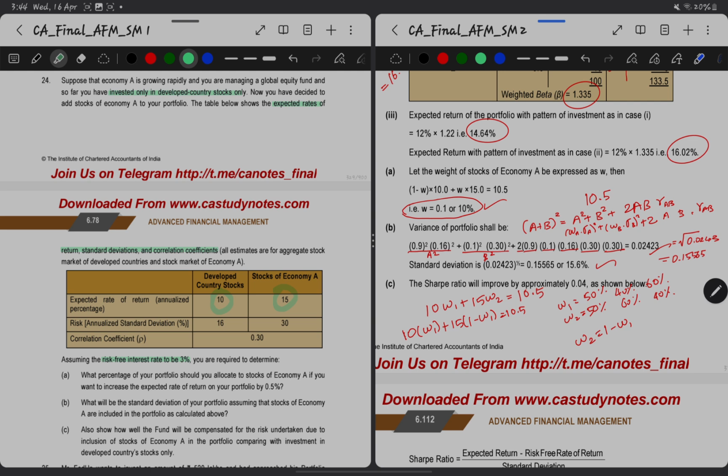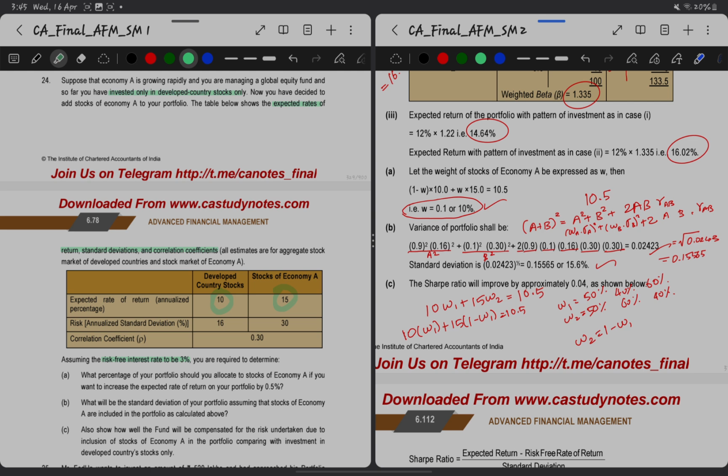Now the third requirement is to also show how well the fund will be compensated for the risk undertaken due to inclusion of stocks of economy A in the portfolio, comparing with the investment in developed country stock only.